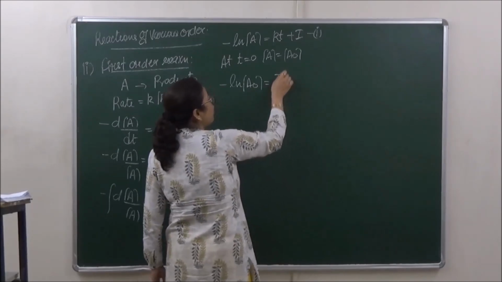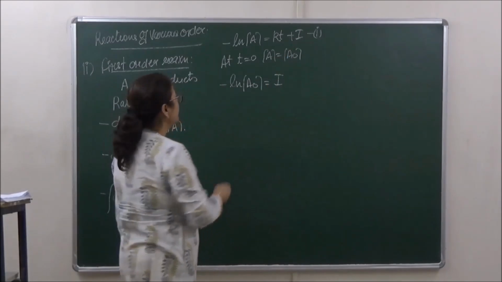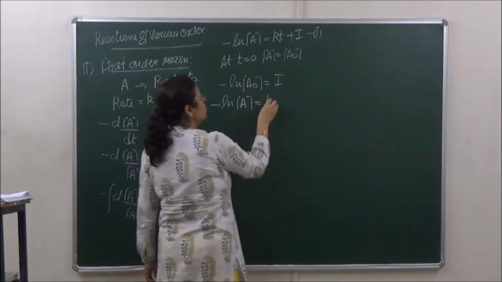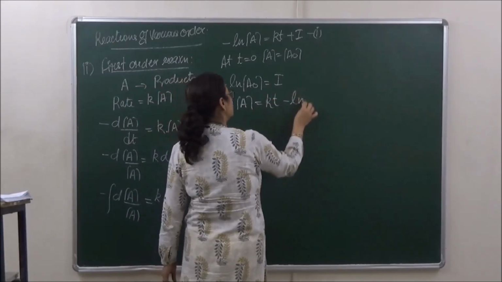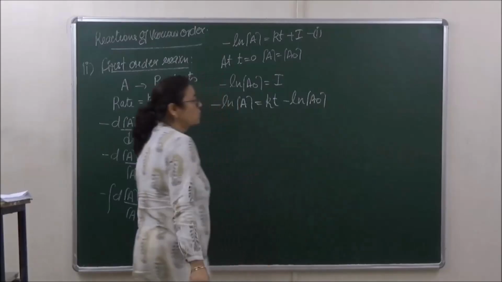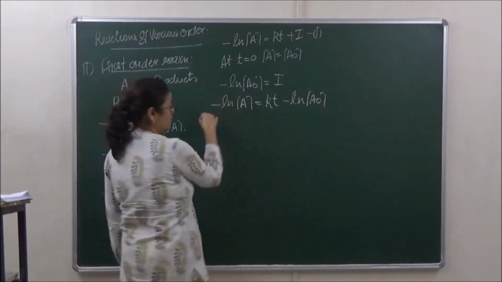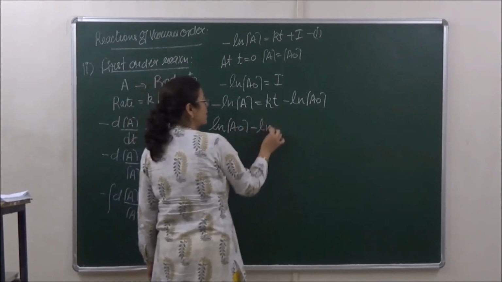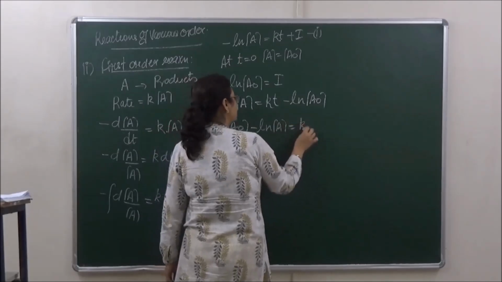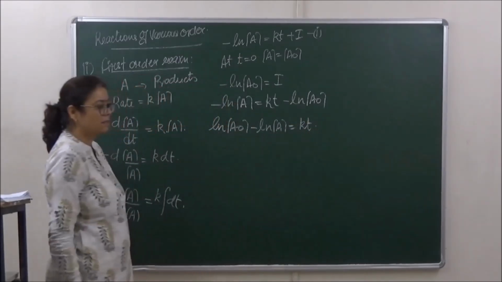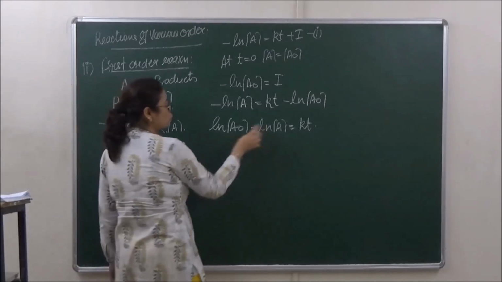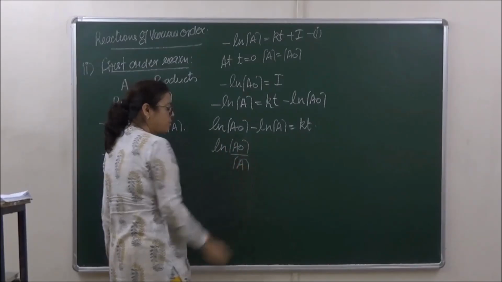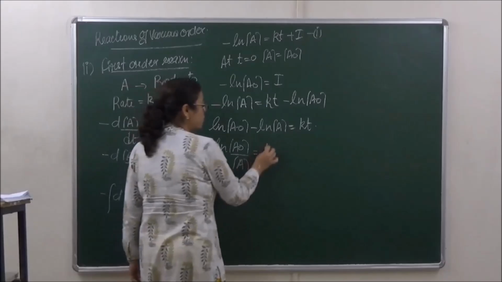Now putting the value of I in equation number 1, we will get minus natural log of A, that is equal to Kt minus natural log of A naught. Let's take A naught to this side. So we have natural log of A naught minus natural log of A, that is equal to Kt. Okay? Now this can also be written as natural log of A naught upon A, that is equal to Kt.